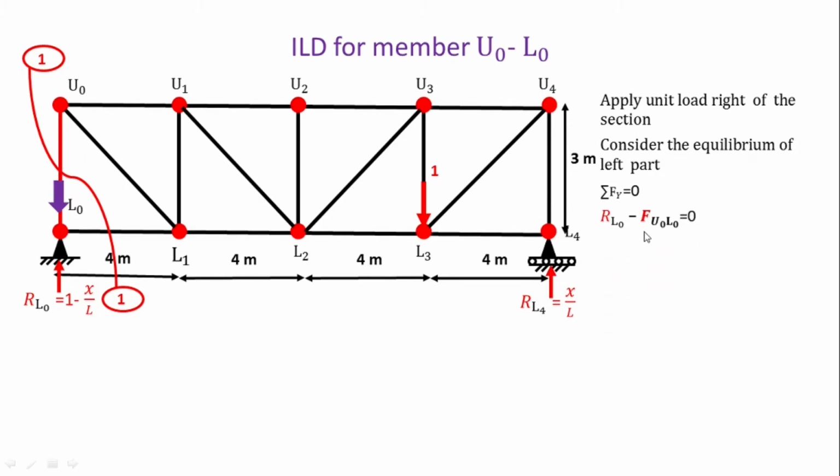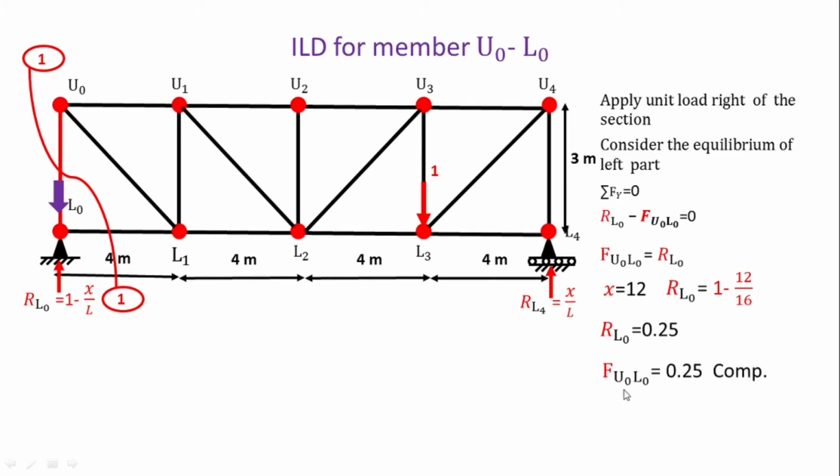RL0 minus FU0L0 equal to 0. FU0L0 is equal to RL0. So x equal to now 12, because 4 plus 4 plus 4. What is the value of RL0? RL0 is equal to 0.25. So FU0L0 is equal to 0.25. This is positive, so this sign of compressive is correct.